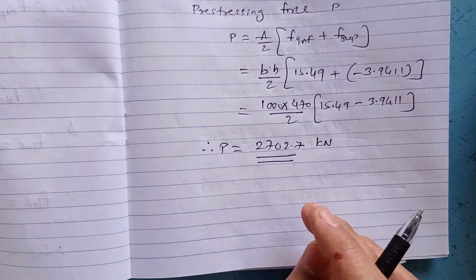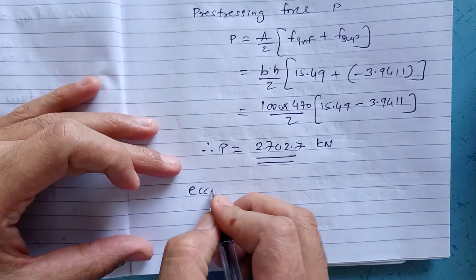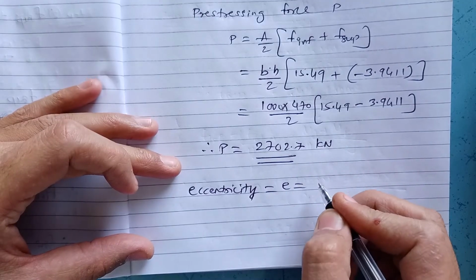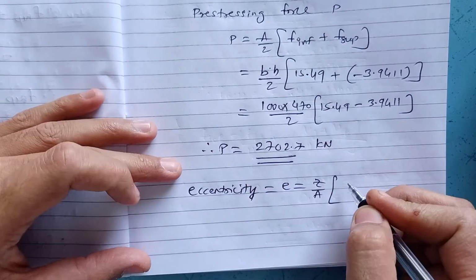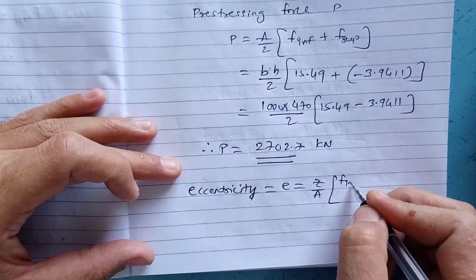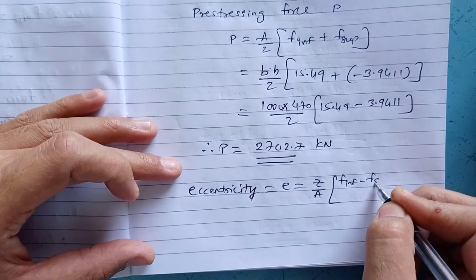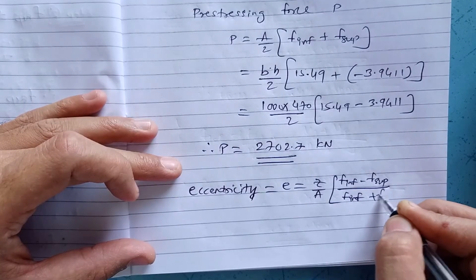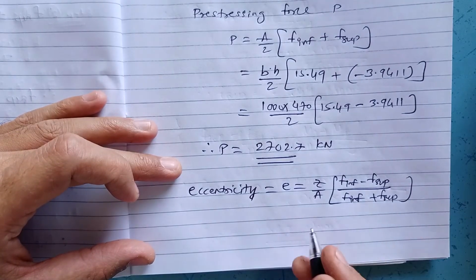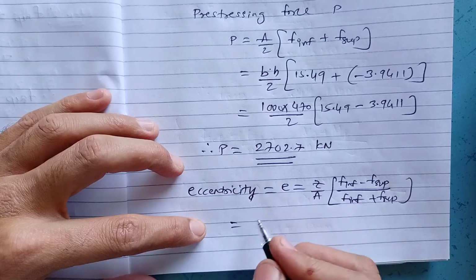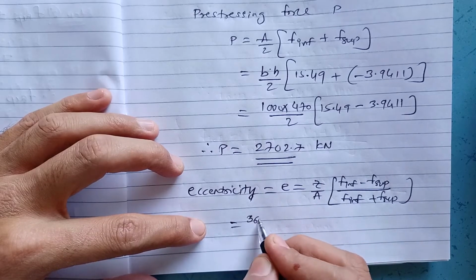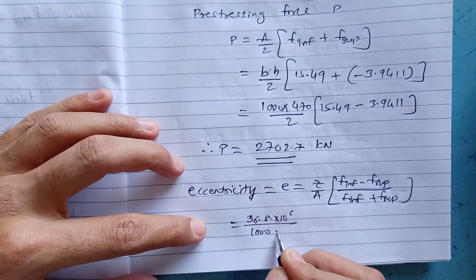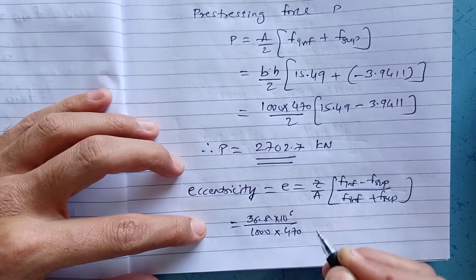Now we will be calculating eccentricity E. The formula you might be remembering is E equals Z by A divided by F inferior minus F superior, divided by F inferior plus F superior. Section modulus Z we have calculated in the previous steps as 36.81 into 10 raised to 6, divided by area, that is unit width into thickness.